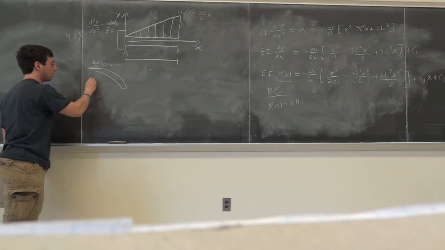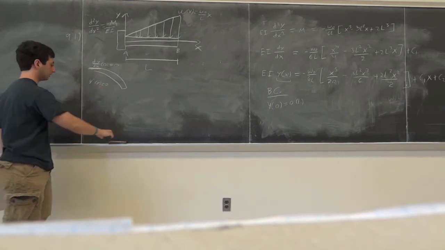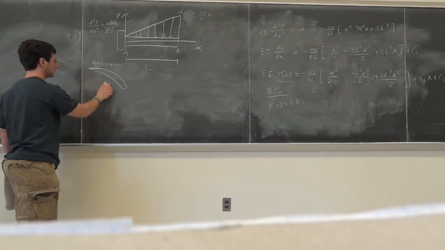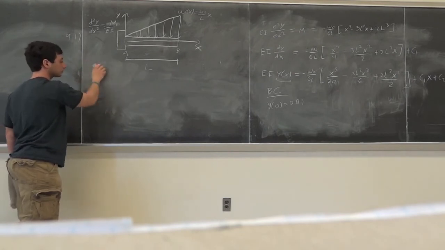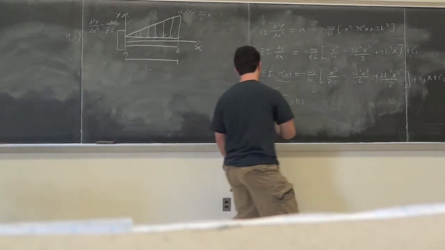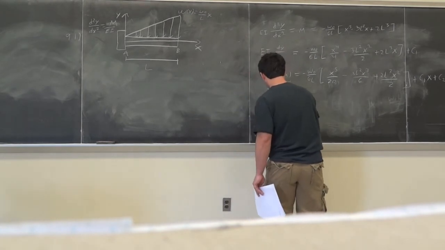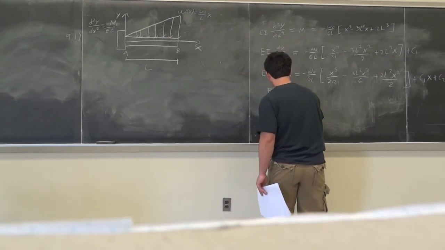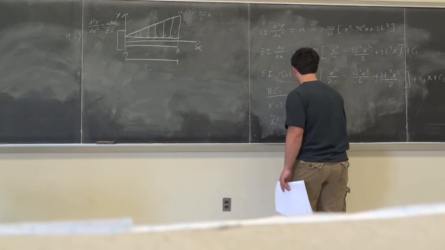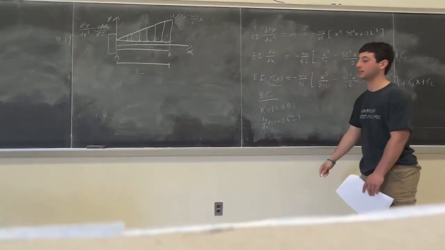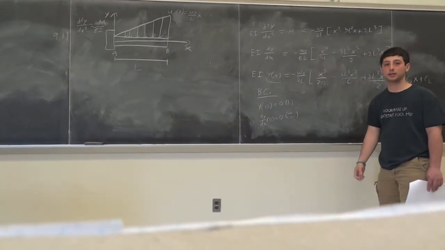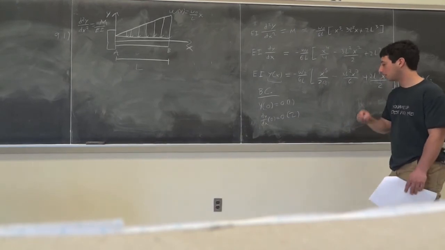Or you could just say y prime of 0 is equal to 0, like he said. Yeah, that's fine. It's the same way of expressing it. Okay. So you have dy dx of 0 is equal to 0. So that's the second condition. Is there anything else? Or no? No, there's nothing else. Okay.